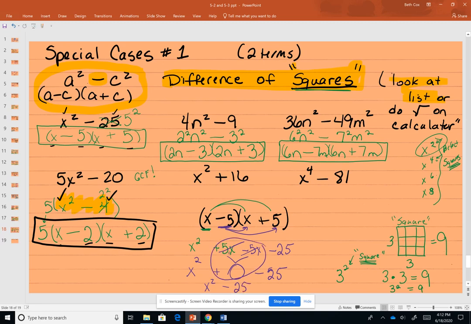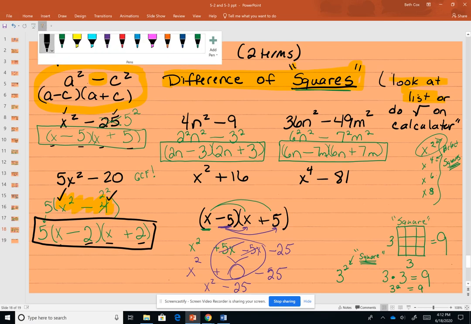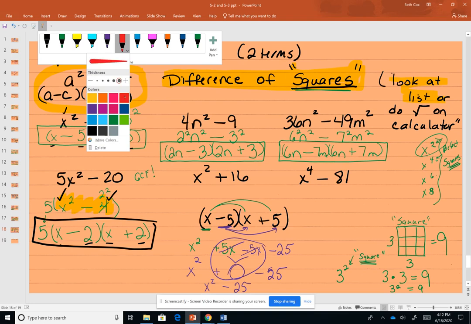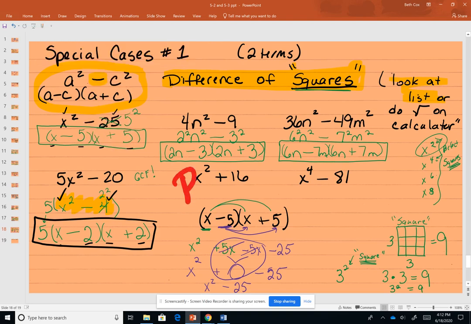All right, let's keep moving. X squared plus 16. Well, is that x minus 4, x plus 4? No. This one's prime. X squared plus 16.